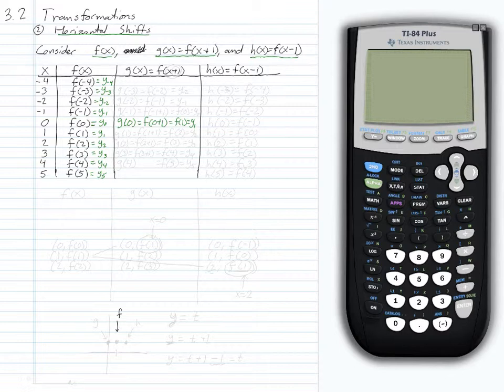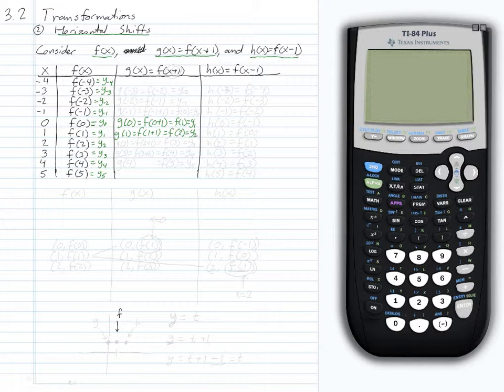If we do the same thing with 1, g of 1 is identical to f of 1 plus 1. So plugging in our x value and adding 1 before we evaluate. So f of 2 is actually what that y-coordinate will be.